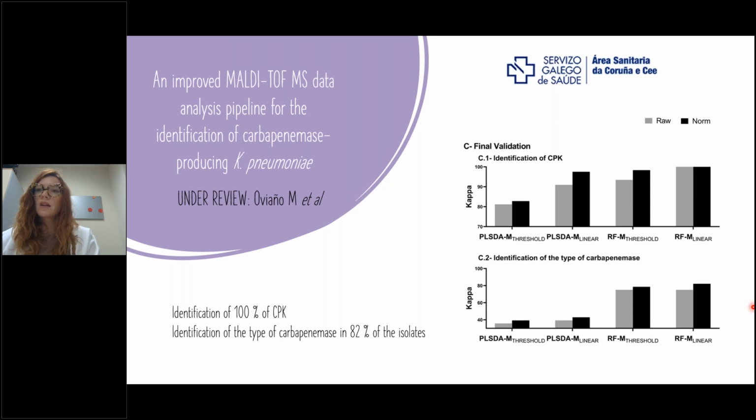We have 100% accurate identification of carbapenemase producers, and 82% of the isolates were correctly classified in the type of carbapenemase, OXA-48, KPC, or NDM. We used the random forest algorithm and some basic specifics that we explain in this paper. Both papers are under review now.